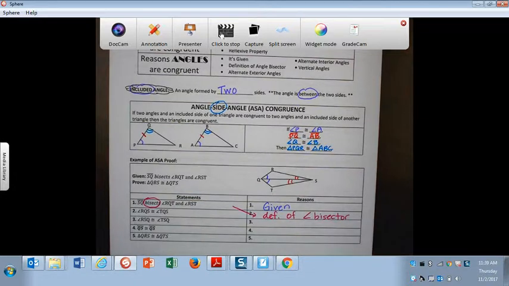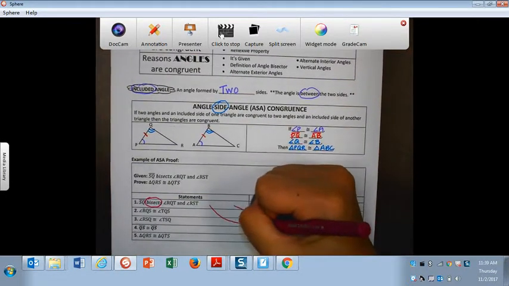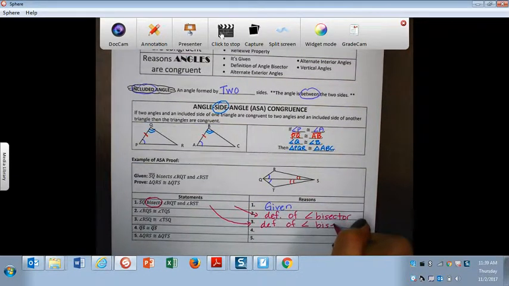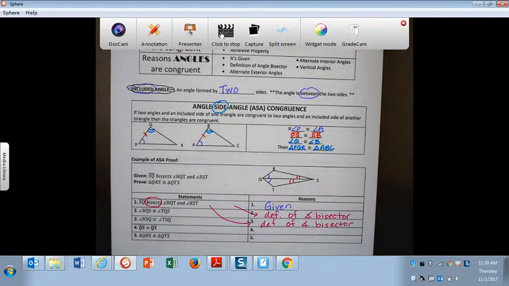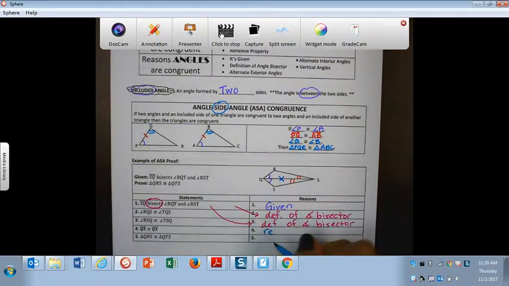Next thing, these two angles are also congruent. That is also coming from that reason, definition of angle bisector. That's why those angles are congruent. QS is QS. Well, that's easy, we can say that's reflexive, because it's the same thing.